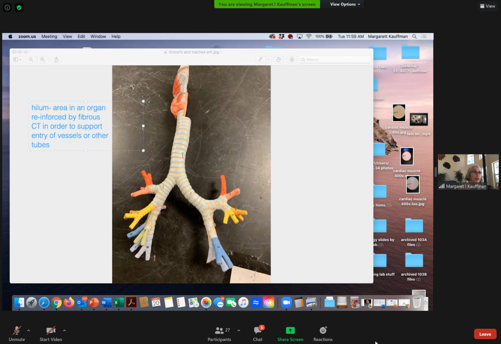It's the area at the fork of the trachea into the primary bronchi, with lots of extra tactile neurons for tactile sensation. And if anything were to trigger it all along this, but especially there, it's very sensitive.